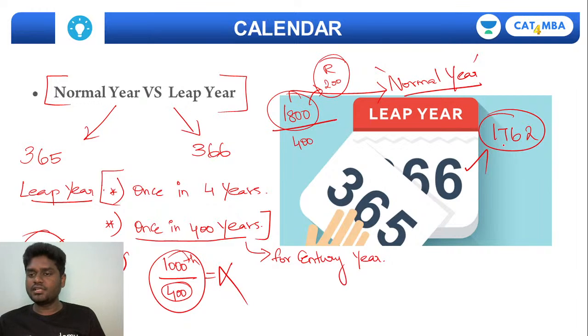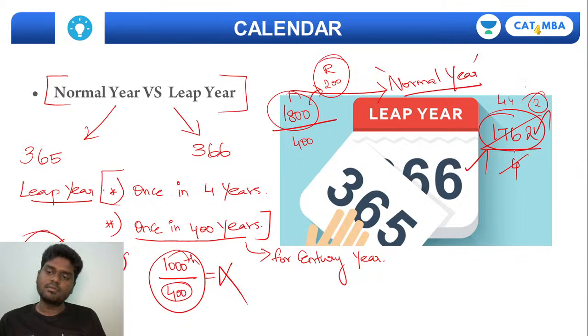This is not a century year, I know that for sure. So what you need to do then? Divide it by 4 and cross-check whether it gets absolutely divisible by 4. If you do that, no, it will not get divisible by 4. You will be getting 4, 4, 0 and something like this, remainder 2, right? So this is not absolutely divisible by 4. Then I can say that this is a normal year. Did you get this actually, guys? This is a normal year.